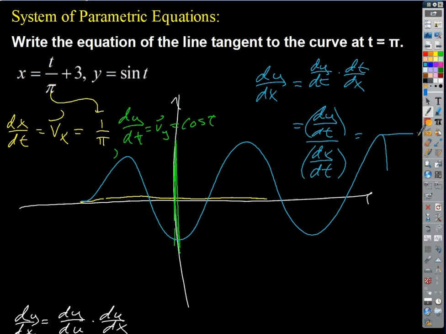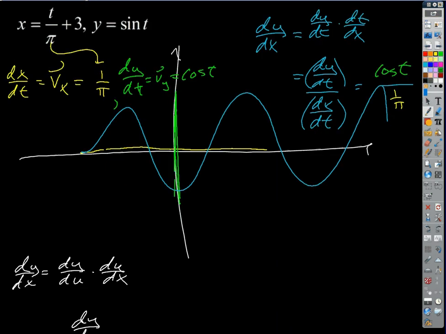Dy dt is that. Dx dt is 1 over pi. So if I just flip that fraction on the bottom and multiply, I get the answer. Dy dx equals pi cosine of t.